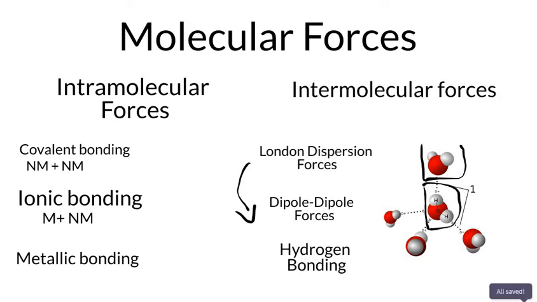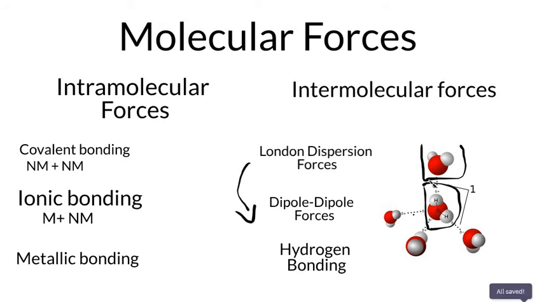It is one of the strong electronegative elements, such as nitrogen, oxygen, or fluorine. In this case, we have oxygen, highly electronegative, very strong pull. So because of its electronegativity, and it's very high, this one's slightly negative, this one's slightly positive, the hydrogen from other atoms will make a bond, like shown right here.